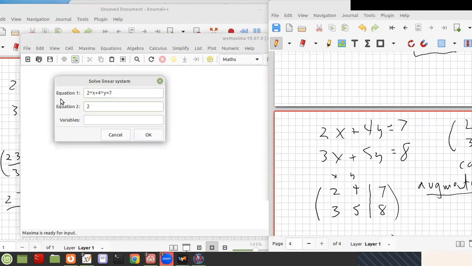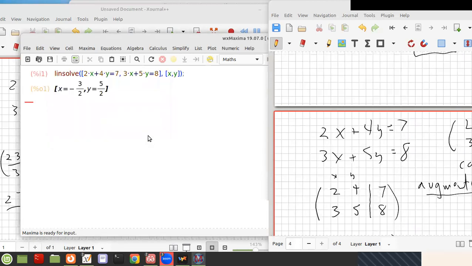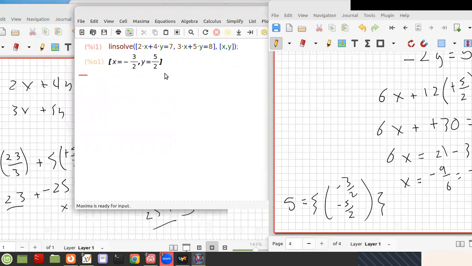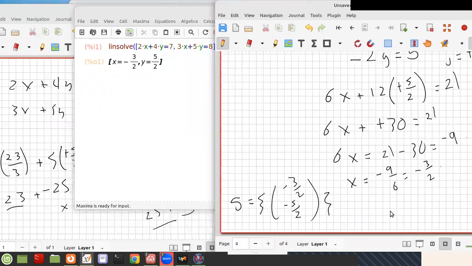And 3 star x plus 5 star y equals 8. And we have the variables x comma y. We click OK, and then it says that the solution is x equals minus 3/2 and y equals plus 5/2, right? So that confirms this is right.